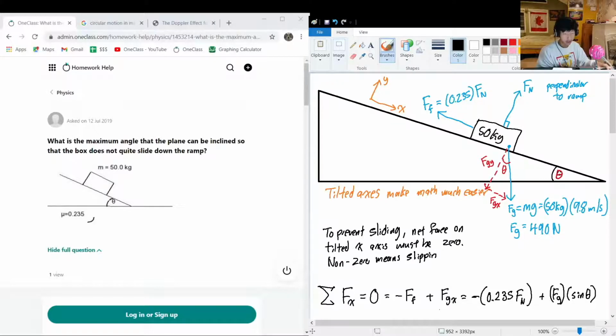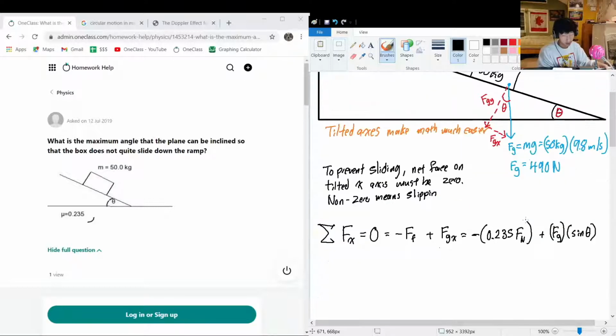Because you can see here from the diagram, from this little triangle associated with the gravitational force, if we want to get Fgx, which is down the slope, you can see with some trigonometric magic that it's going to have to be sine of the angle. But we have no idea what Fn is.